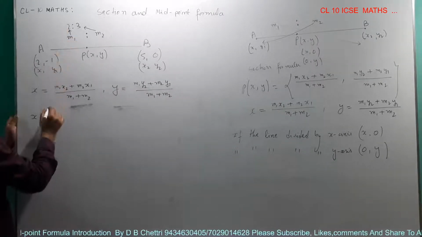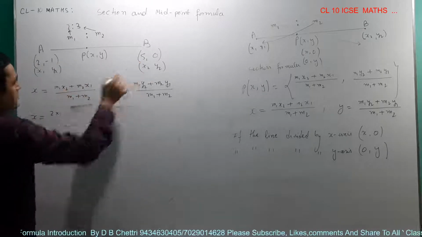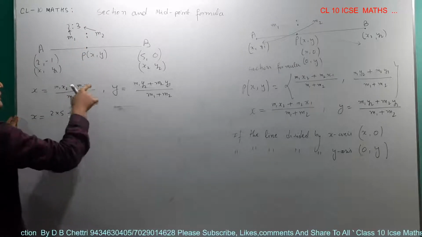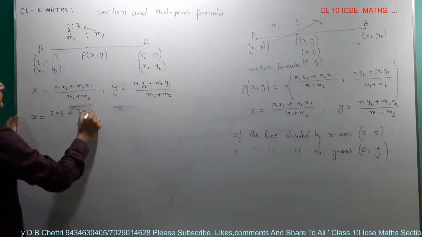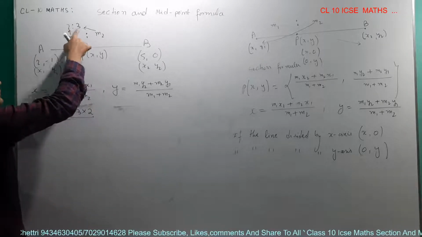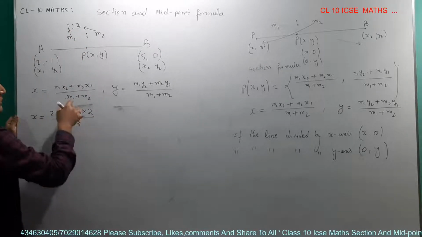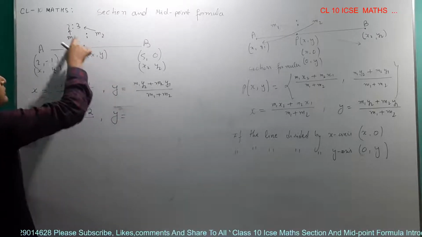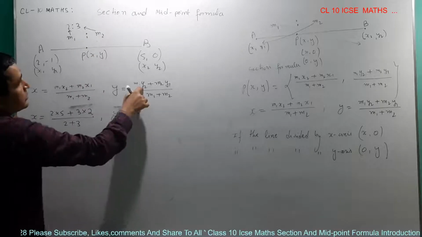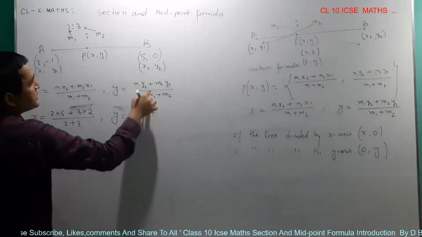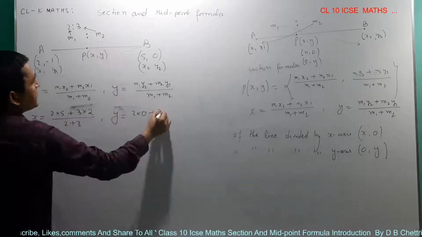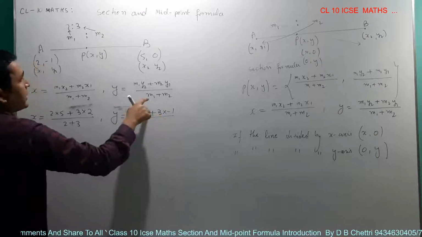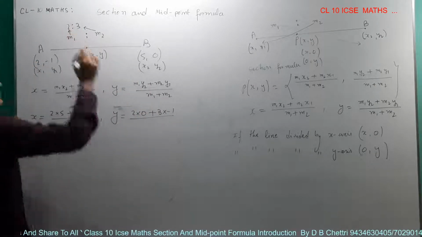m1 is 2, multiplied by x2 which is 5, plus m2 which is 3, multiplied by x1 which is 2, divided by 2 plus 3, because m1 plus m2 is 2 plus 3. Similarly for y, m1 is 2 times y2 which is 0, plus m2 which is 3 times y1 which is -1, divided by m1 plus m2, that is 2 plus 3.